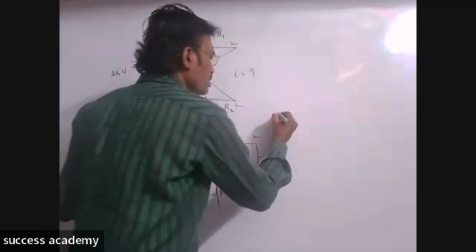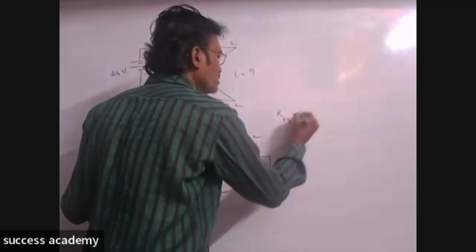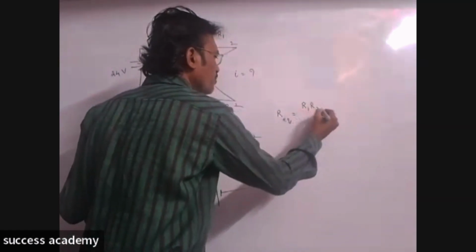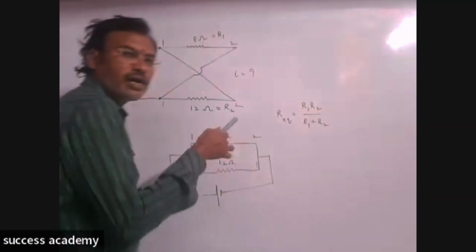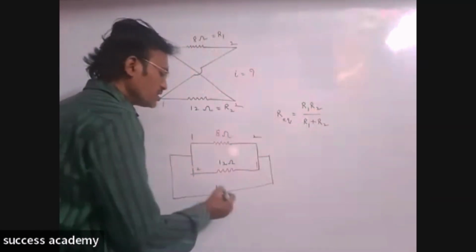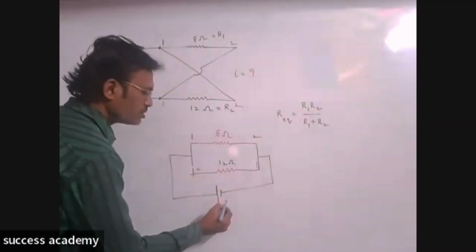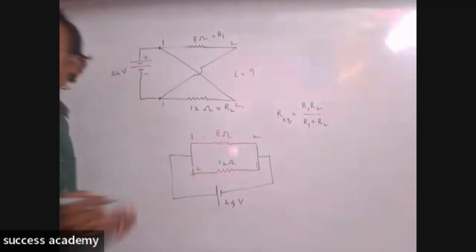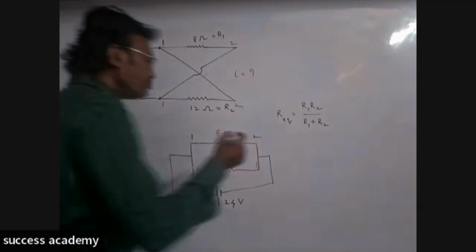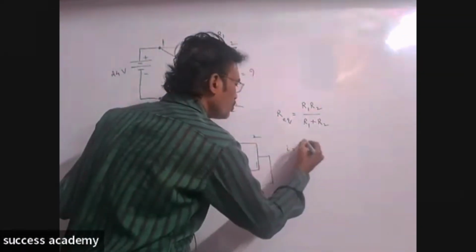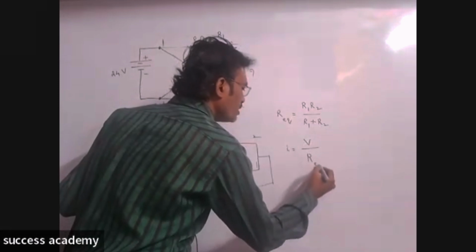Okay, so now the equivalent resistance. If two resistors are in parallel combination, then R equivalent is equal to R1 R2 by R1 plus R2. So this is the potential here, 24 volts. Now current I is equal to V by R equivalent.